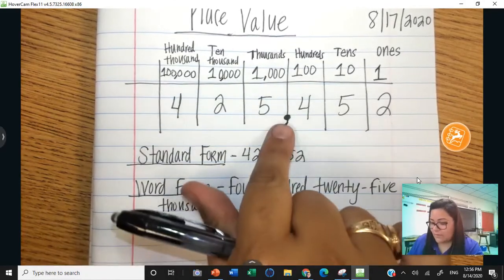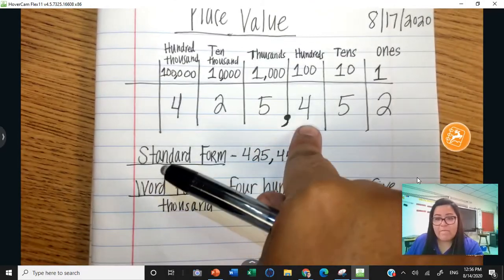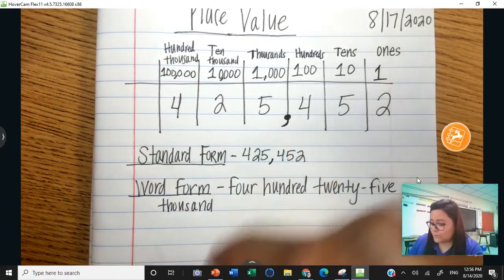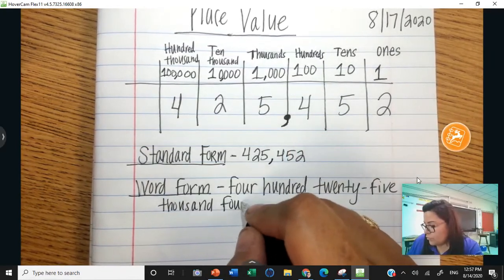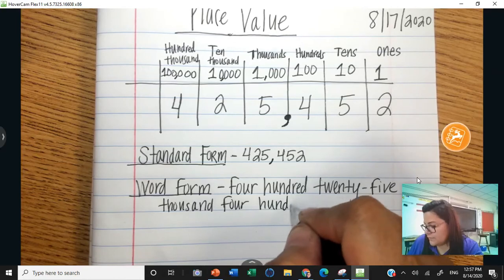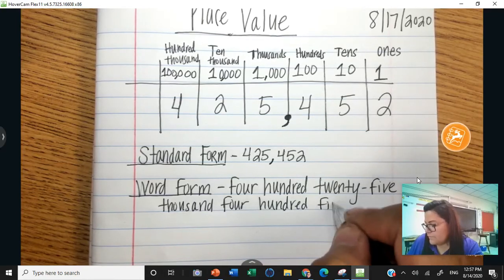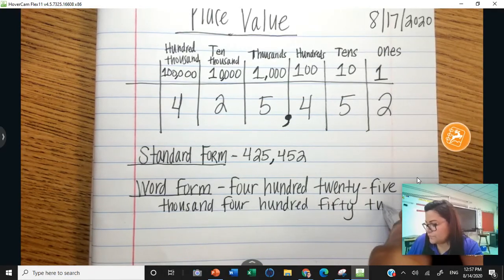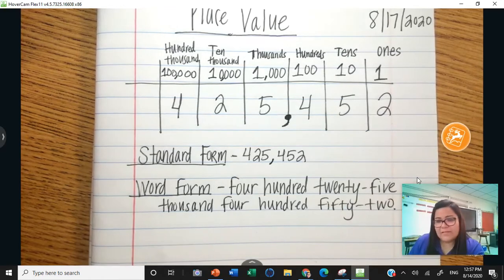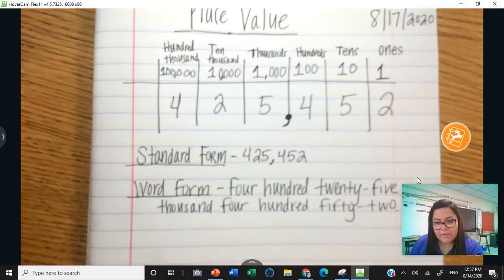I got rid of my comma. What's next? 452. That's a very long sentence. I agree with you. It's long, but that's the correct word form for this huge number.